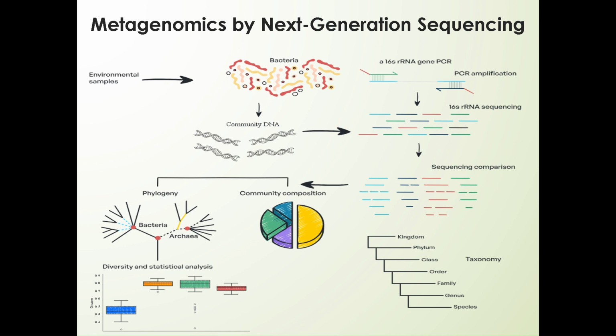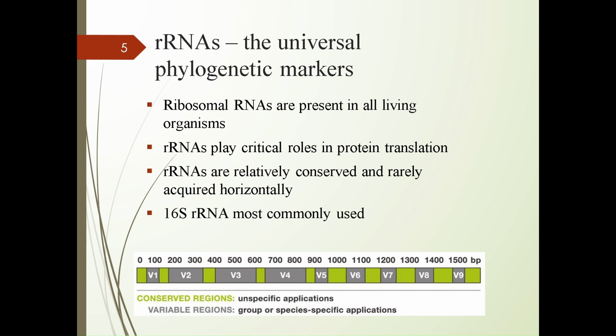We also carry out community composition analysis and phylogenetic analysis, and finally, diversity and statistical analysis can also be carried out. Mostly nowadays we use the 16S ribosomal RNA gene for phylogenetic analysis of microorganisms present in any sample.